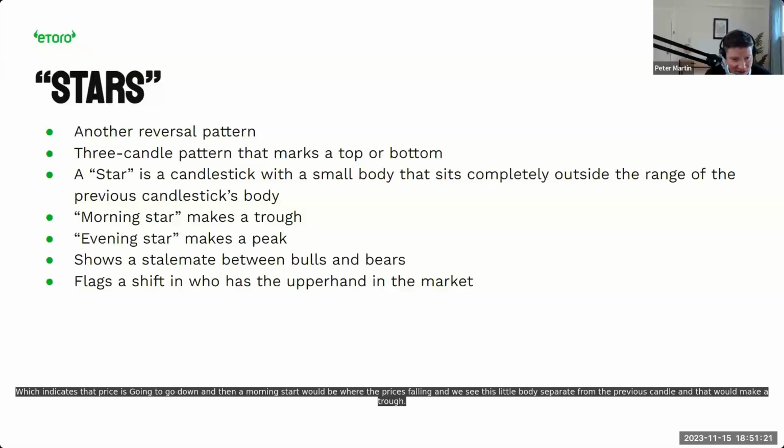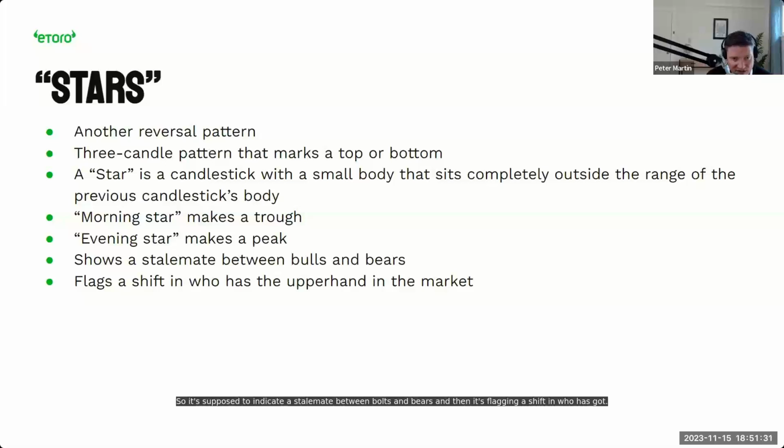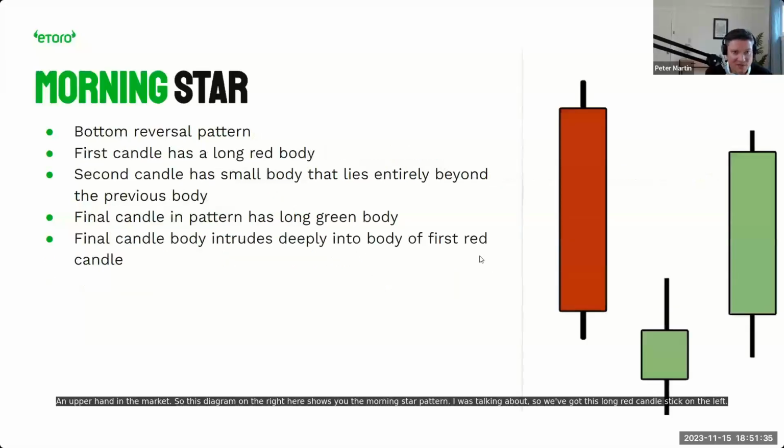A morning star is where the price is falling, and we see this little body separate from the previous candle, and that would make a trough. It's supposed to indicate a stalemate between bulls and bears, and then it's flagging a shift in who has the upper hand in the market.